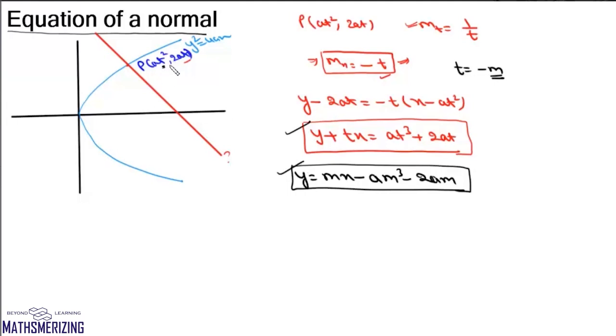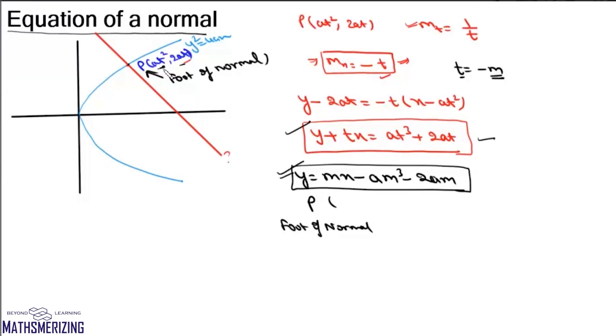If we have this parameter t, we can write this point from which normal is drawn, and we can also write its equation. If we have the slope of normal also, then too we can write the equation of normal to this parabola, and we can also write this point of contact, which we actually call the foot of normal. So this point P, which is the foot of normal, has t equal to minus m.